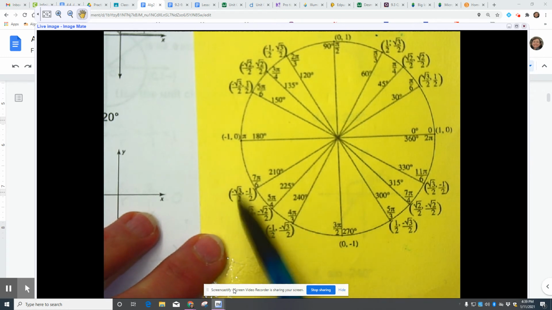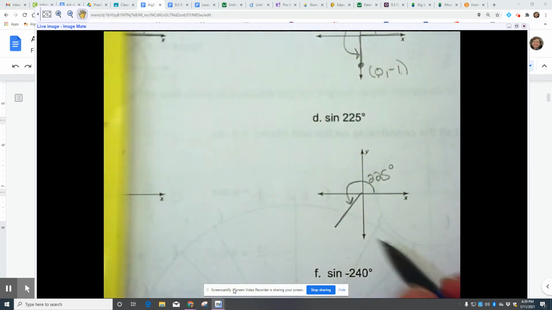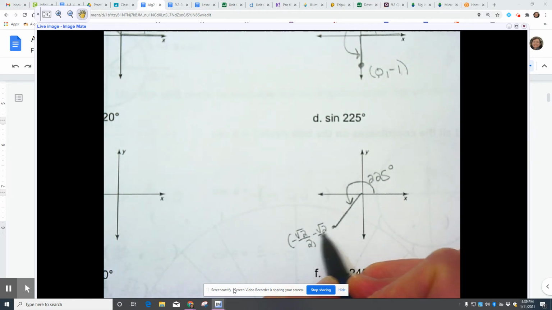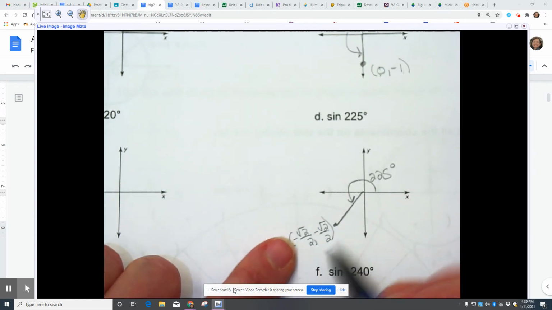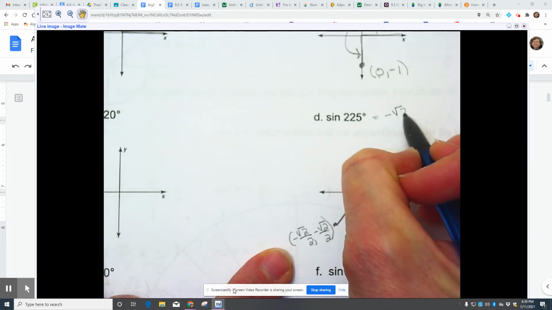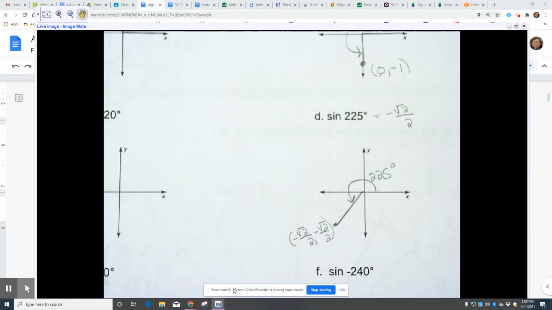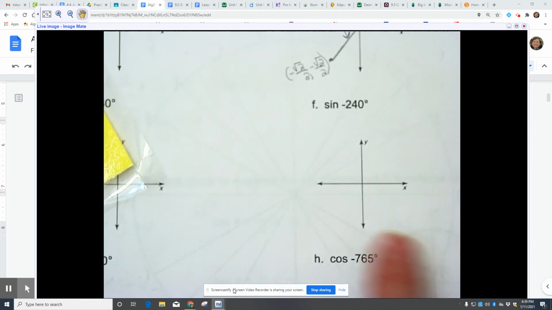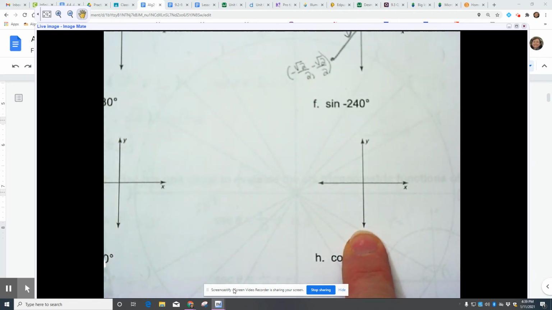They're both negative because we're in quadrant 3. So this is negative square root of 2 over 2, comma, negative square root of 2 over 2. So the sine and the cosine are the same. So I'm just going to put negative square root of 2 over 2 up here because sine and cosine are the same.